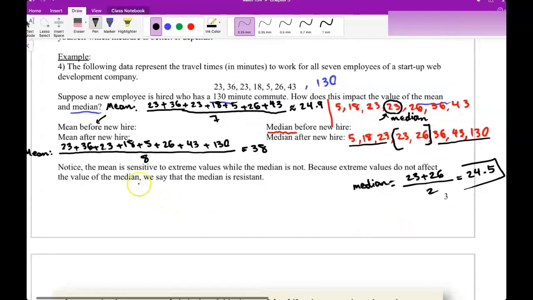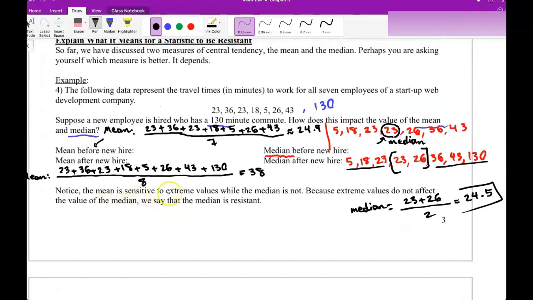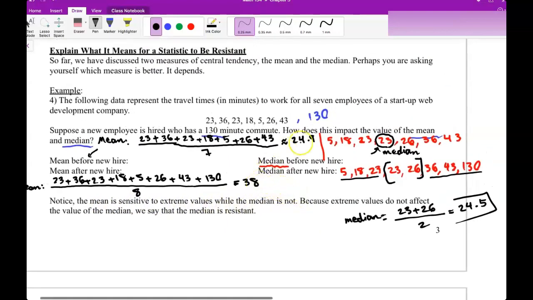The point is, the mean is sensitive to extreme values, while the median is not. See what the difference is? This is a huge difference between that number 24.9 and here we have 38, by only adding one data point. For the median we have 23, but that one is 24.5.